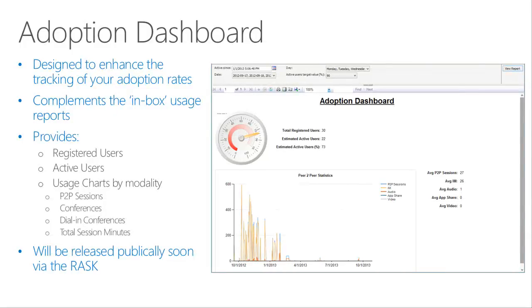It gives you the total number of registered users within that time, how many have sent IMs or joined meetings, and how many conferencing minutes you're having. This helps you understand how well it's being adopted, what your trend lines are, and whether you're getting a return on investment for the Lync server.